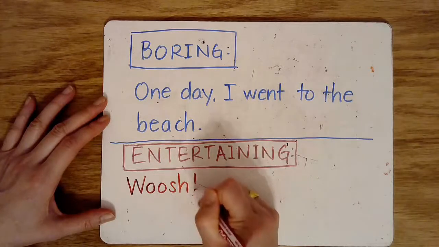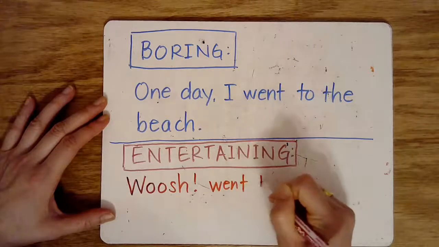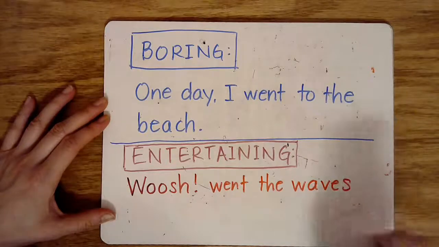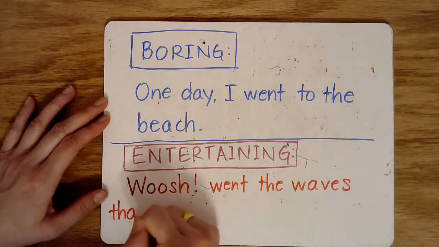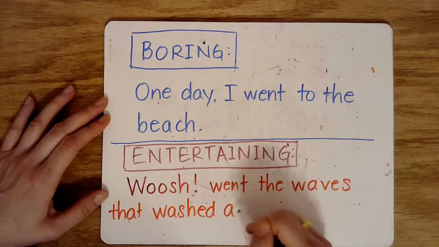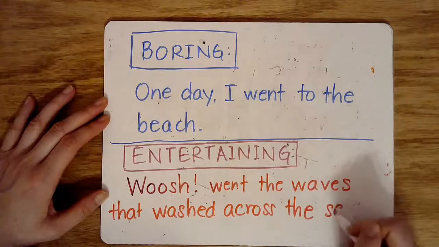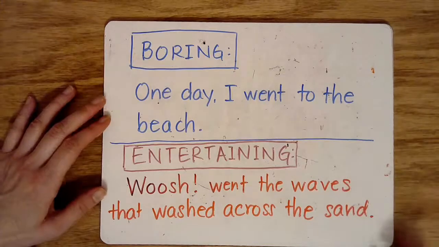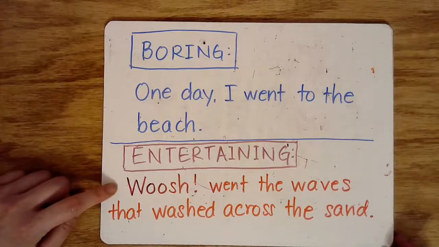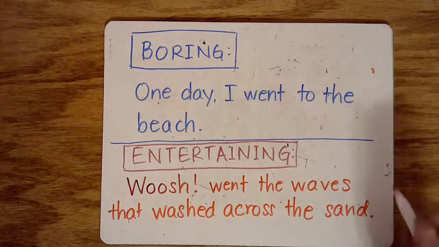Whoosh went the waves that washed across the sand. So that is one way I could start. Instead of saying, one day I went to the beach, I can say now, whoosh went the waves that washed across the sand. So that is a sound effect that I'm using.